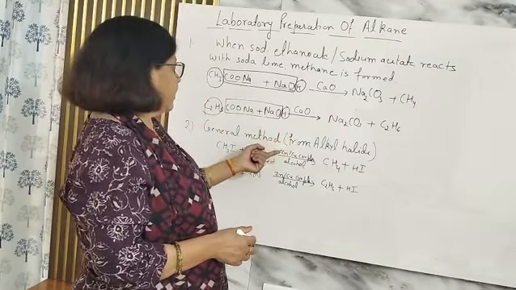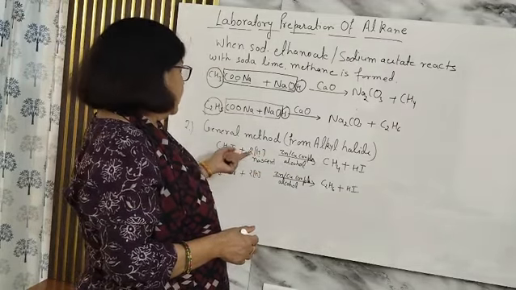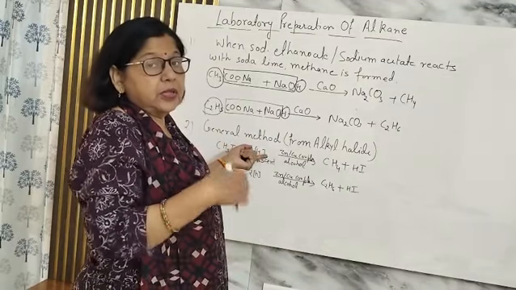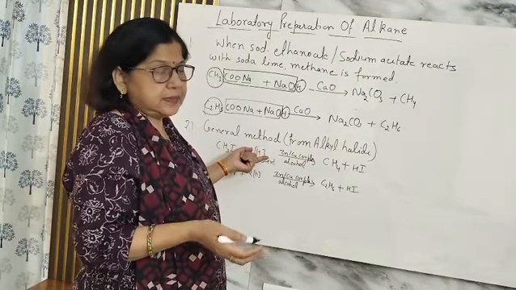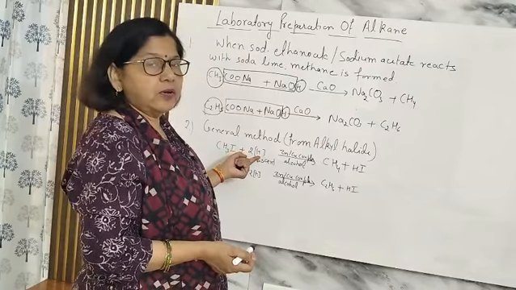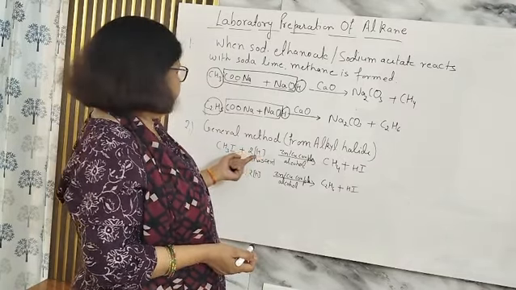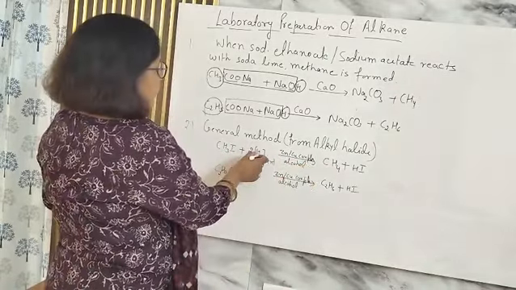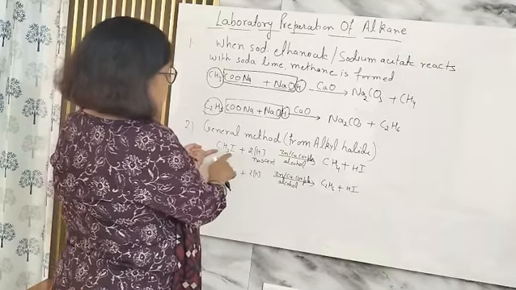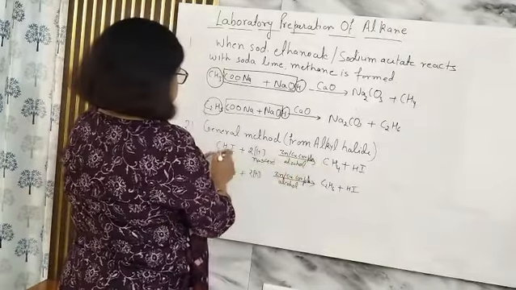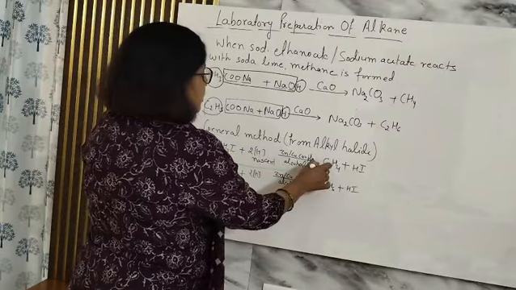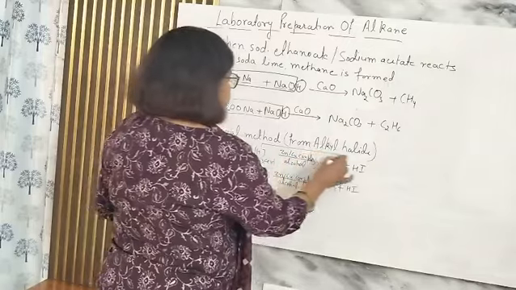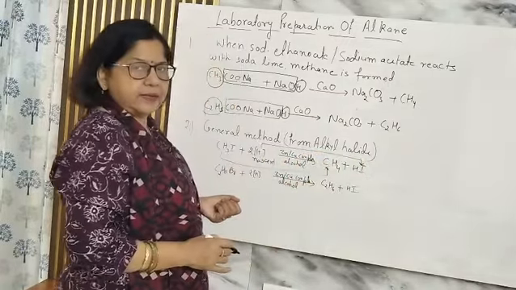So zinc copper couple reacts with alcohol and gives you what? Nascent hydrogen. Nascent means newly born in the reaction. And this works as a strong reducing agent and reduces methyl iodide into methane. So out of 2 hydrogens, one is used up in giving you CH4, CH3 reduced to CH4, right? And 1 hydrogen is used up over here in giving you HI.